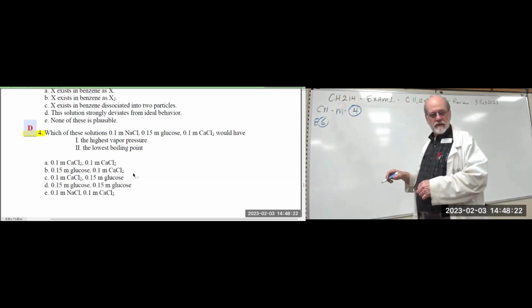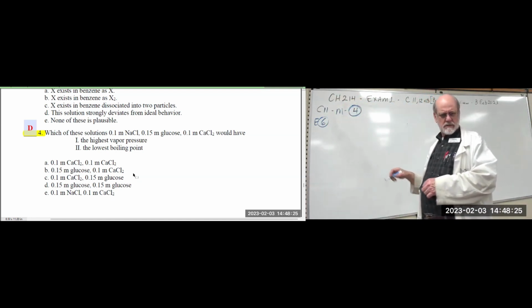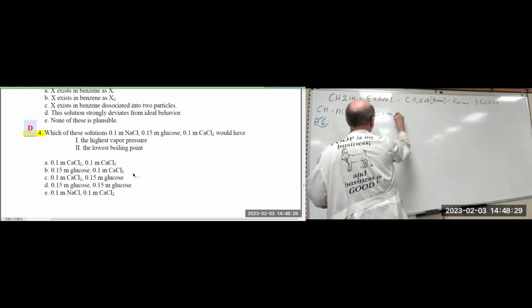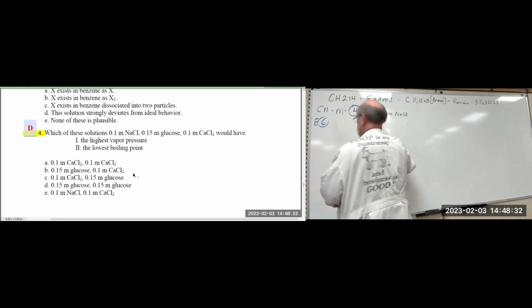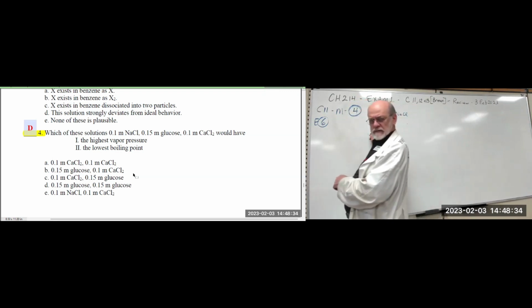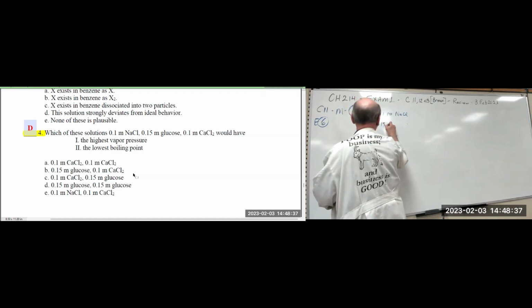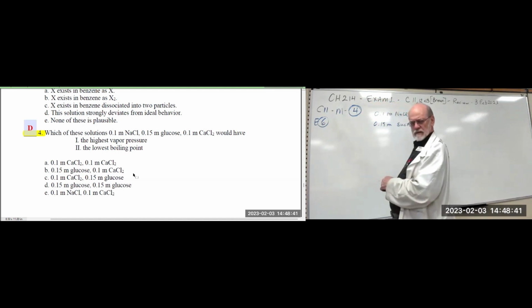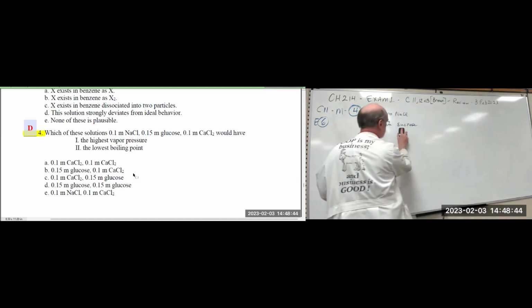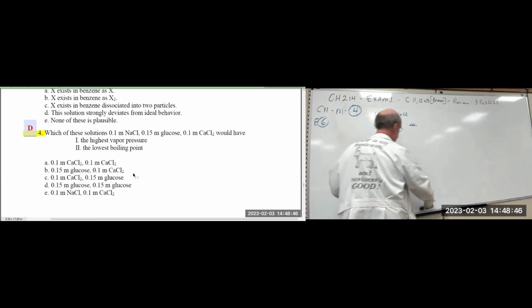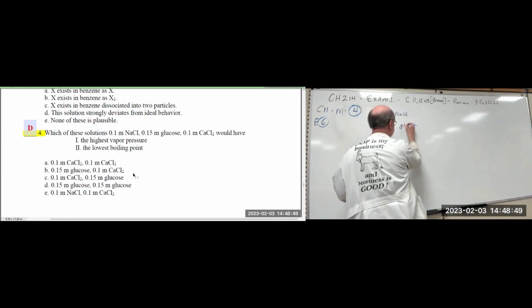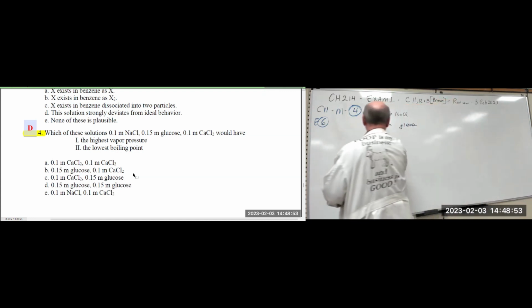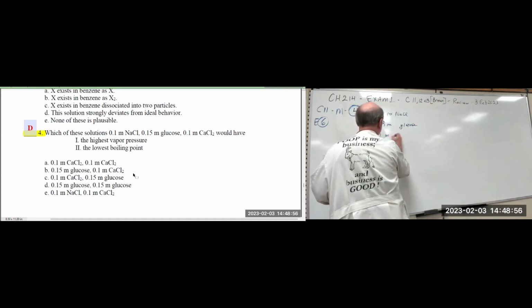So 0.1 molal sodium chloride versus 0.15 molal glucose, and 0.1 molal calcium chloride.